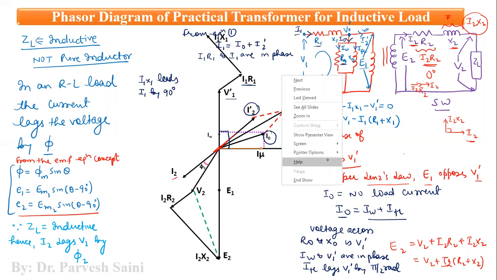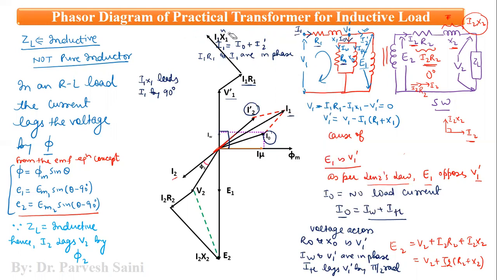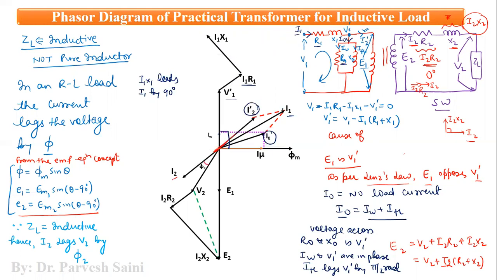So we will erase this one. So I1 X1, if you draw it back, is almost perpendicular to this one. So I1 X1 is a voltage phasor perpendicular to I1, because the voltage leads the current in an inductor by 90 degrees.